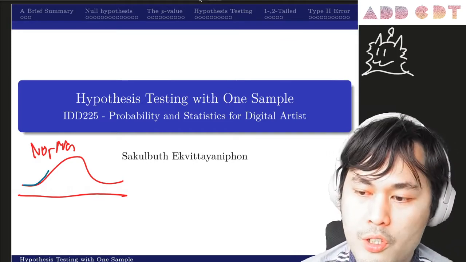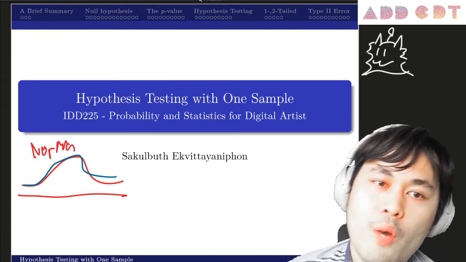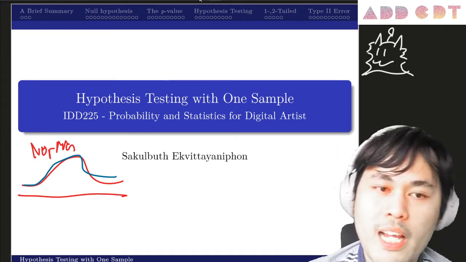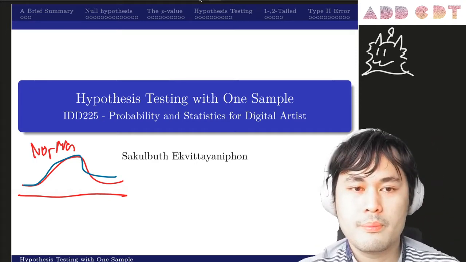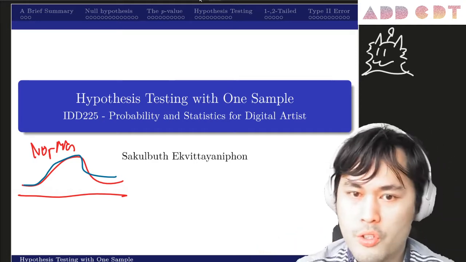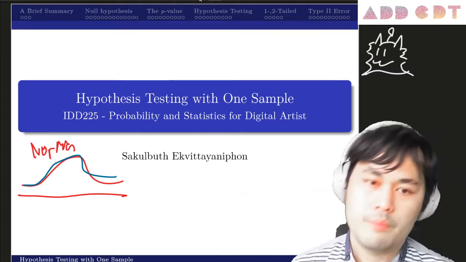So we use math to construct this normal curve, the normal distribution, and now we are asking what can we do with that? What kind of information can we extract from this curve and use it to predict or to conclude something about the real world situation?